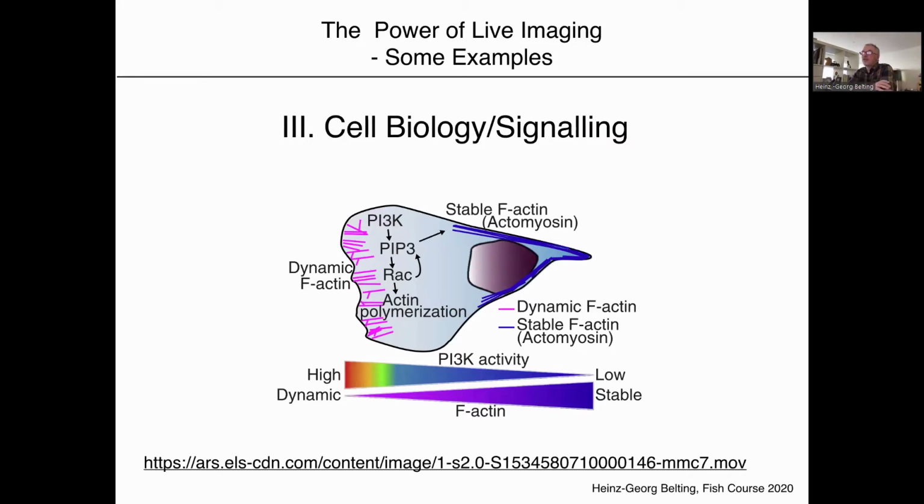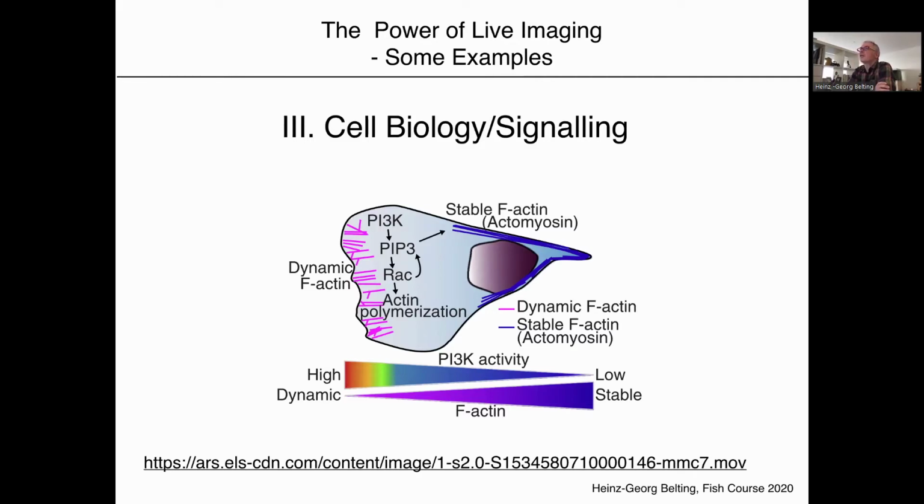There are a lot of fancy tools where we can activate pathways in individual cells. This is called optogenetics, which means we have a laser and then we can actually activate a pathway, and then we can look at the response of cells to this activation of this pathway.